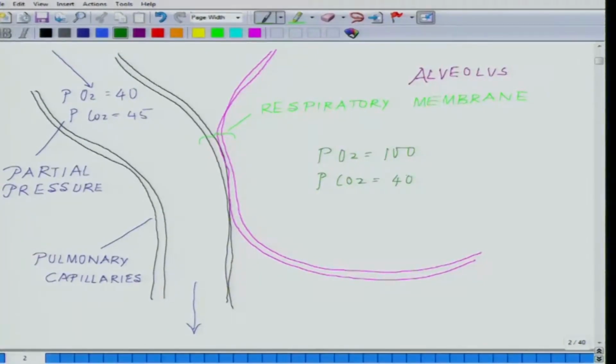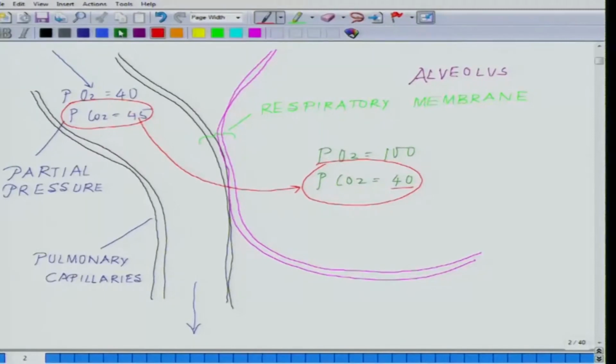So, if you now compare these values, here I am comparing PCO2 out here and PCO2 here. By the gradient, carbon dioxide will move to this side, because the partial pressure of carbon dioxide in the alveolus is 40 and the partial pressure here is 45.